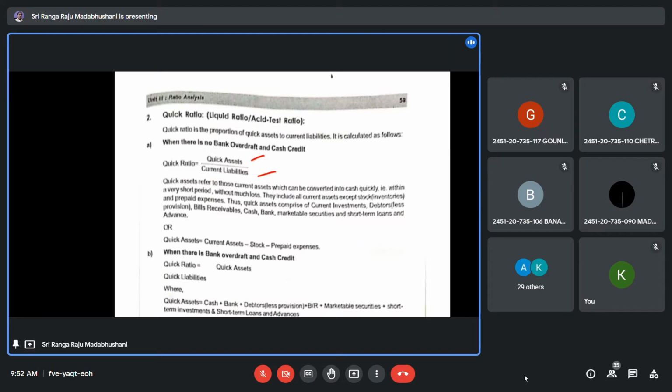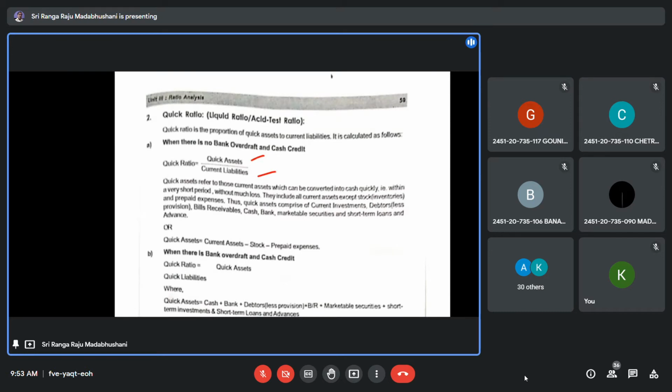They include all current assets except stock, means inventories, and prepaid expenses. Thus, quick assets comprise current investments, debtors, if any provision you have to subtract, bills receivable, cash, bank, marketable securities, short-term investments, short-term loans and advances, if any given.